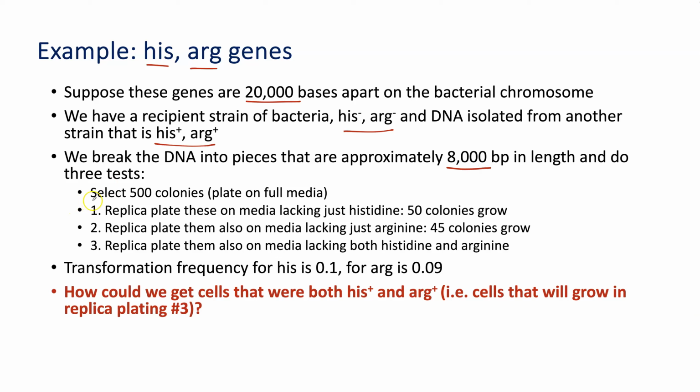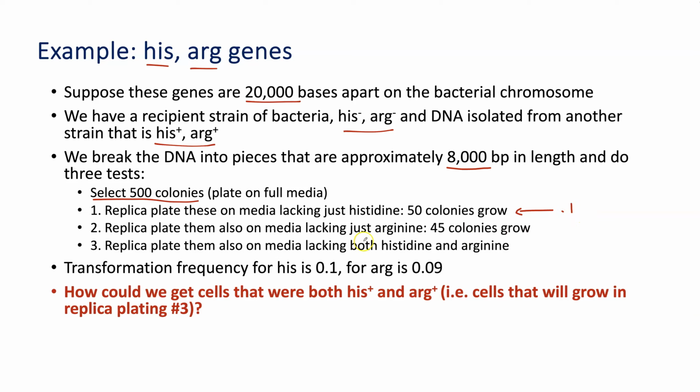Okay, and then you basically collect some cells after the process is done. Say you select 500 colonies, you plate them on full media so they all can be all possible genotypes, and then you plate them on media just lacking the histidine, and you get 50 colonies. Okay, so that's the transformation 50 over 500. I made the numbers easy so that you could do them in your head.